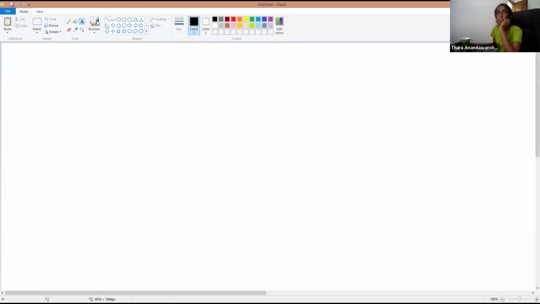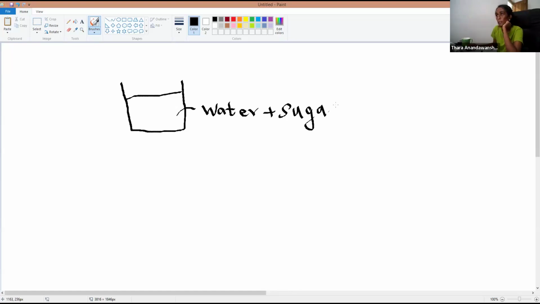Do this question. There is a solution containing water and sugar. This is found at atmospheric pressure and temperature.